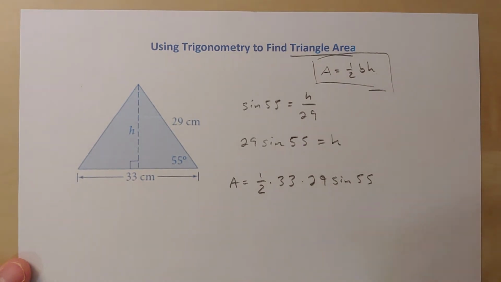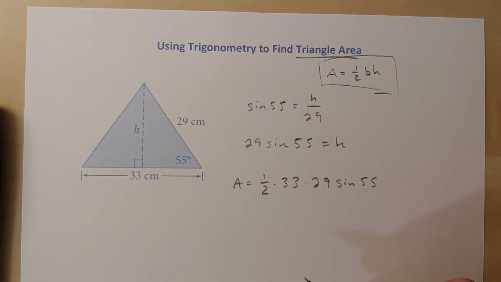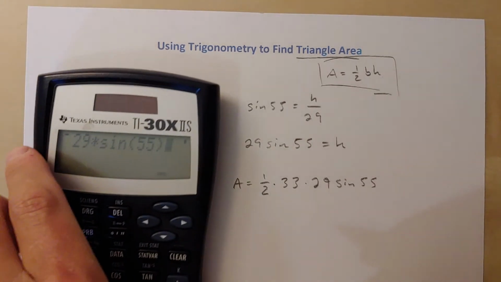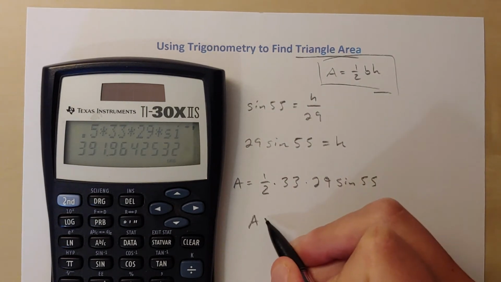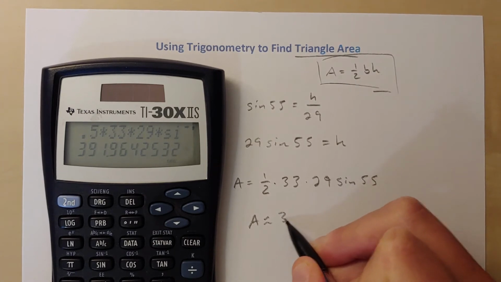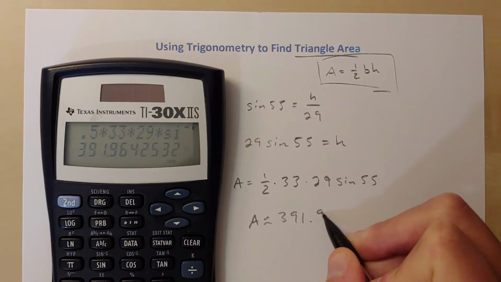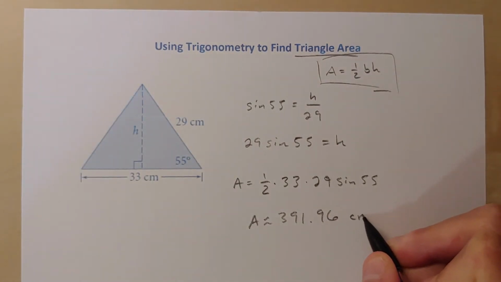And now I can plug all of that into my calculator to get an approximation of the area. So we'll do 1/2 times 33 times 29 times the sine of 55. And we get approximately 391.96, and that is in centimeters.